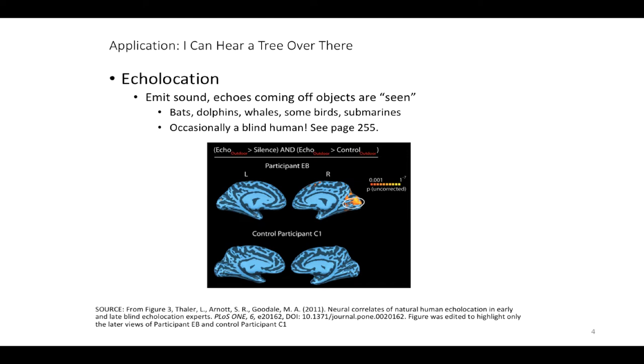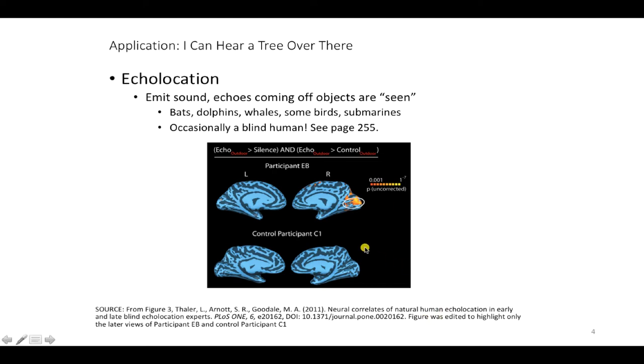And the visual cortex is great for doing this because it naturally creates a map of objects in space. Now, normally it makes a map of visual objects in space. But here's an individual who's blind, is not getting that visual input, and the brain is using that visual cortex to create a map of objects based on sound.